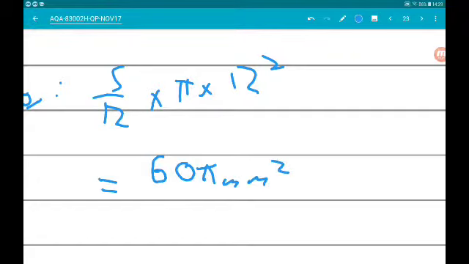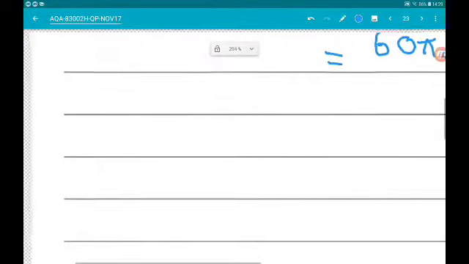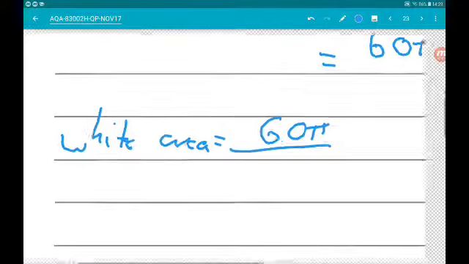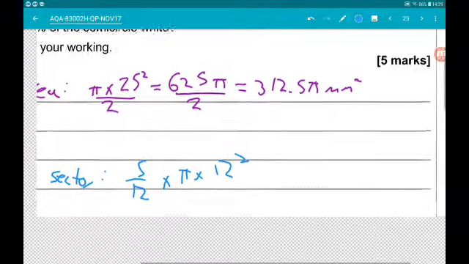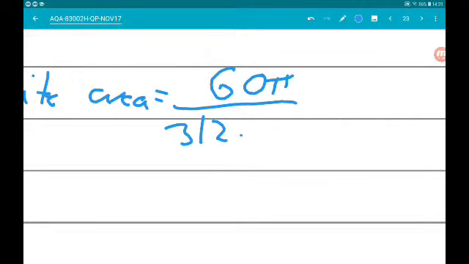millimeters squared. So now we know then that the white area is 60 pi out of the whole area, which was 312.5 pi. Now that, as a decimal, is going to give us 0.192.